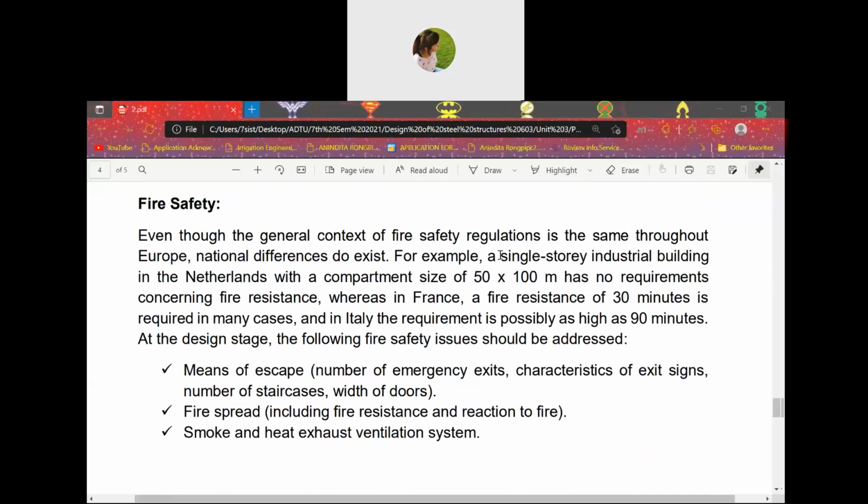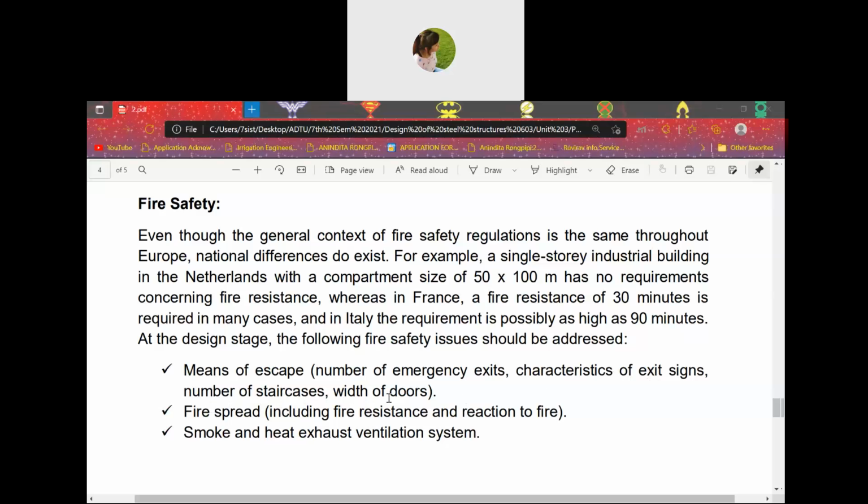The first one is the route of escape, or the means of escape. The primary concern should be the number of emergency exits, then the characteristics of exit signs, which is mandatory, and the number of staircases and the width of doors.